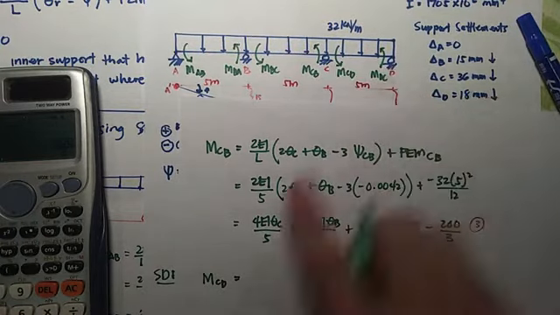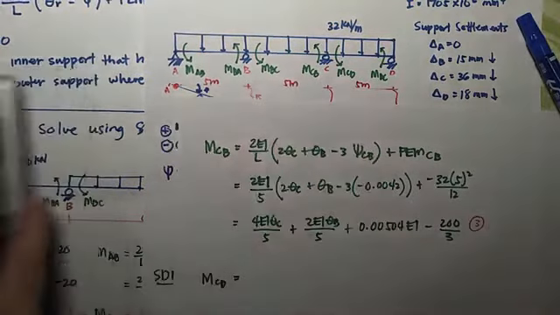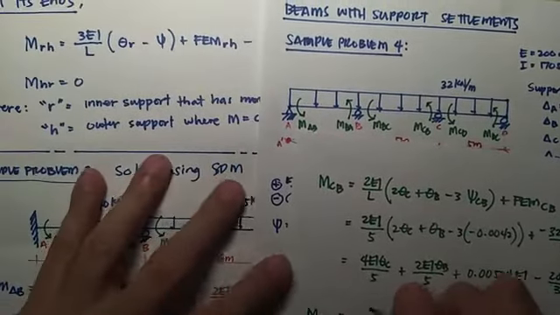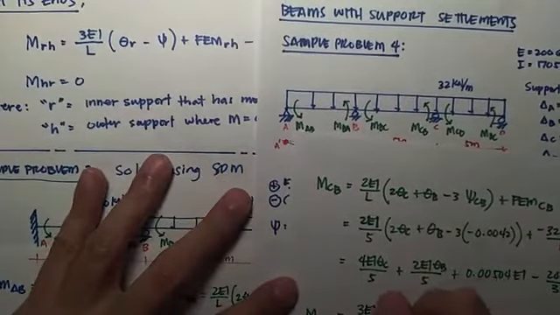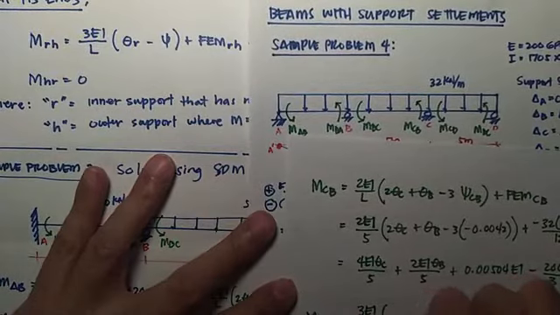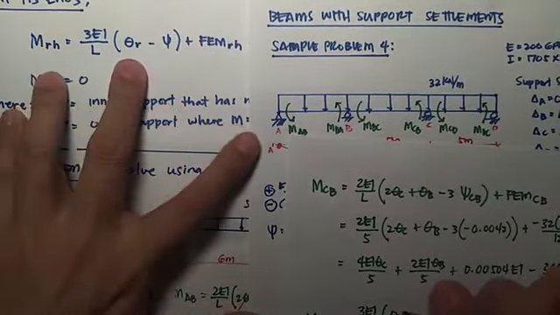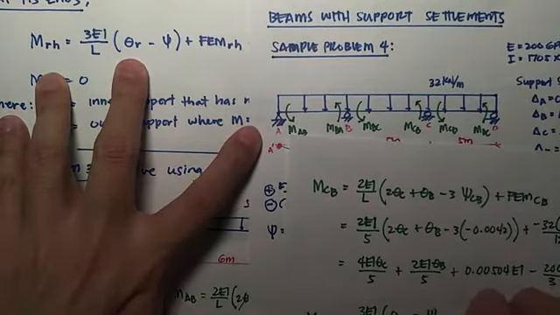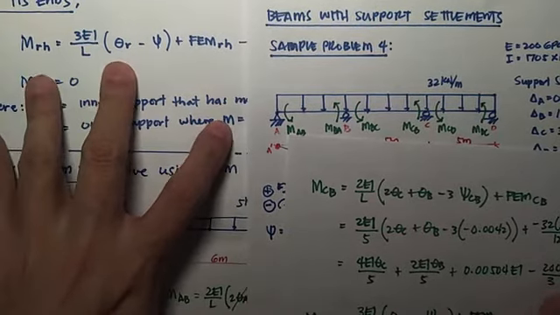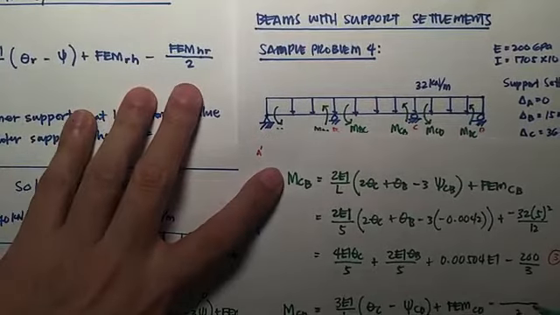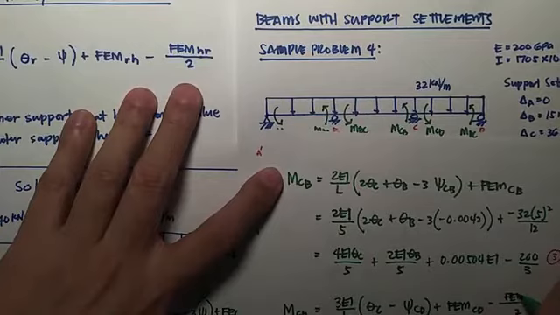So, ang gagamitin nating equation for that would be ito, yung 3EI over L, theta C, minus psi on CD plus the fixed end moment on CD minus kalahati ng fixed end moment sa DC.